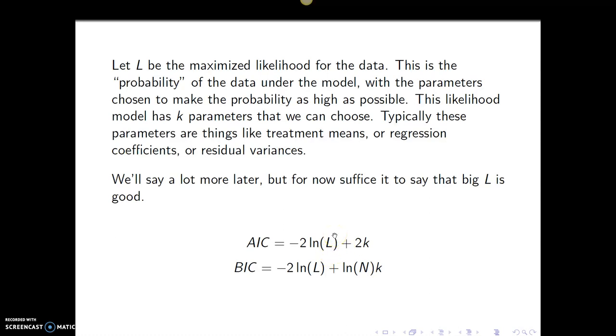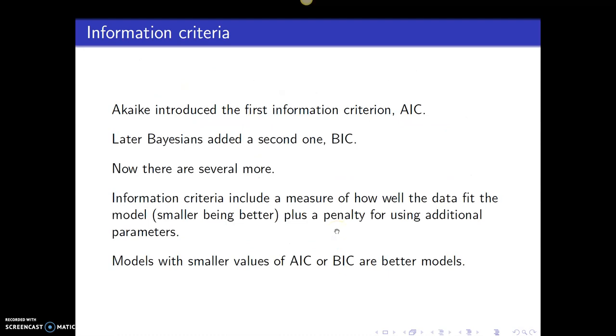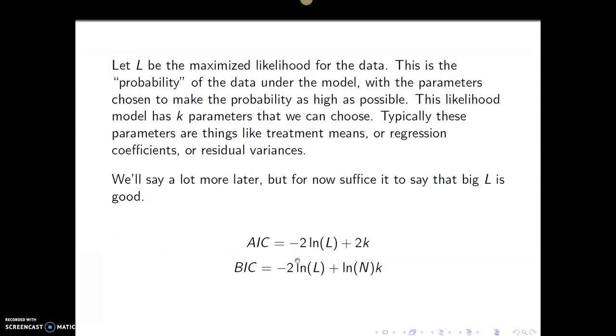And again, we want L to be big in this case, which means, like we said on the previous slide, models with smaller values of AIC or BIC are better. That makes sense in light of the fact that big L is good, or indicates good model fit.